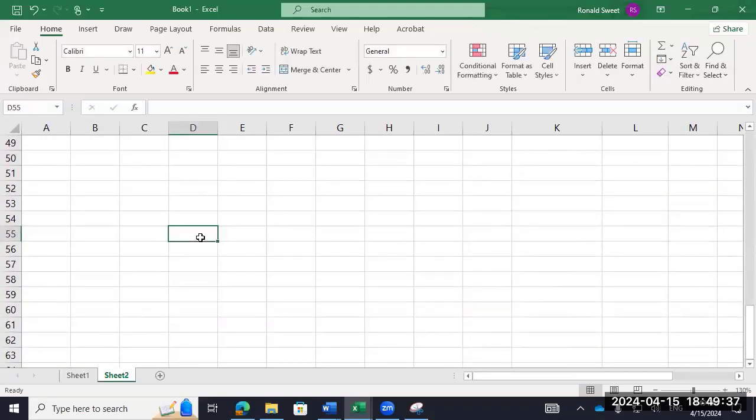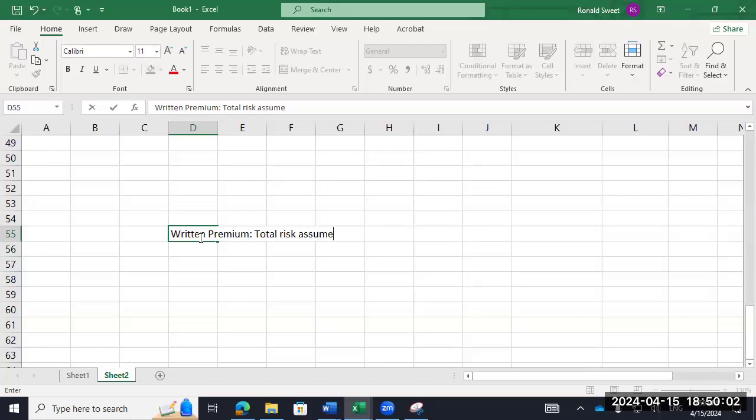In fact, some of this accounting is accounting the state set up because we didn't have computers. So they make you set up a liability that doesn't make sense, but they let you offset that by setting up an asset that doesn't make sense. A written premium is the total risk assumed.